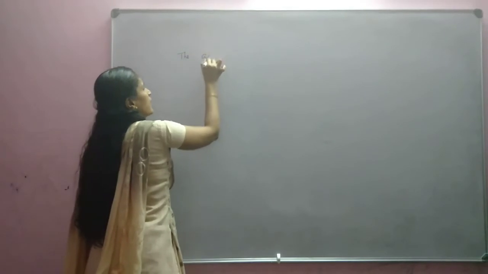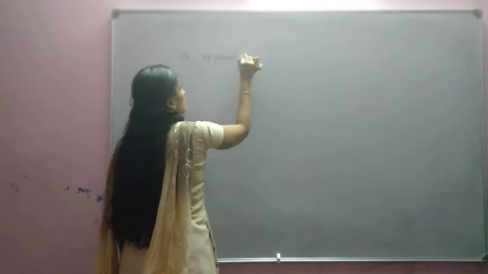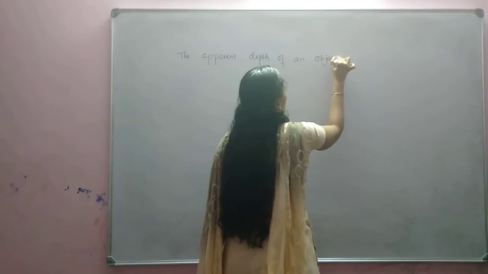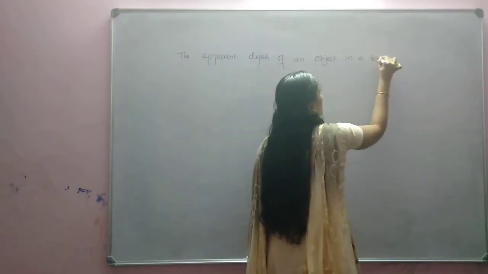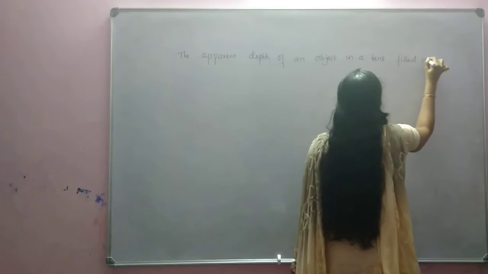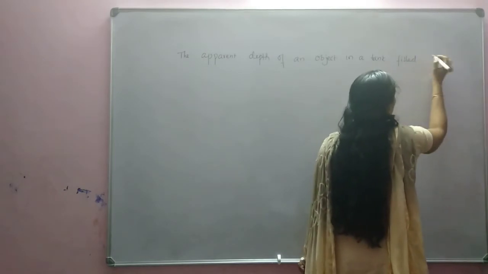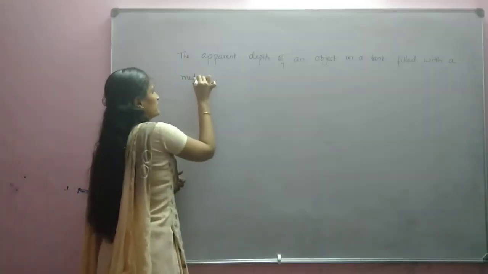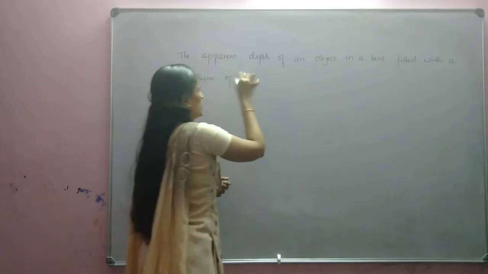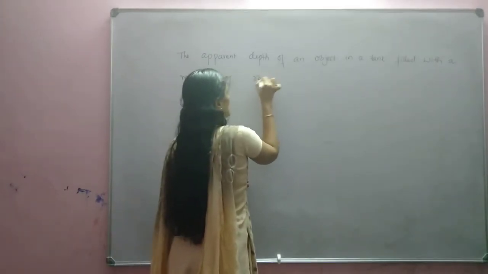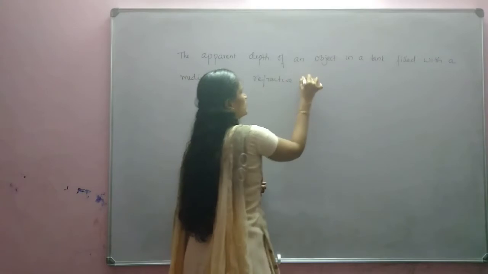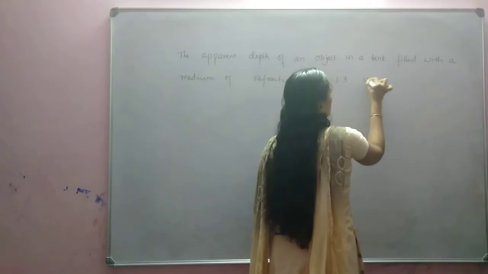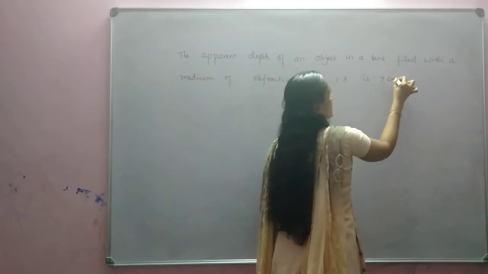The apparent depth of an object in a tank filled with a liquid of refractive index 1.3 is 7 centimeter.